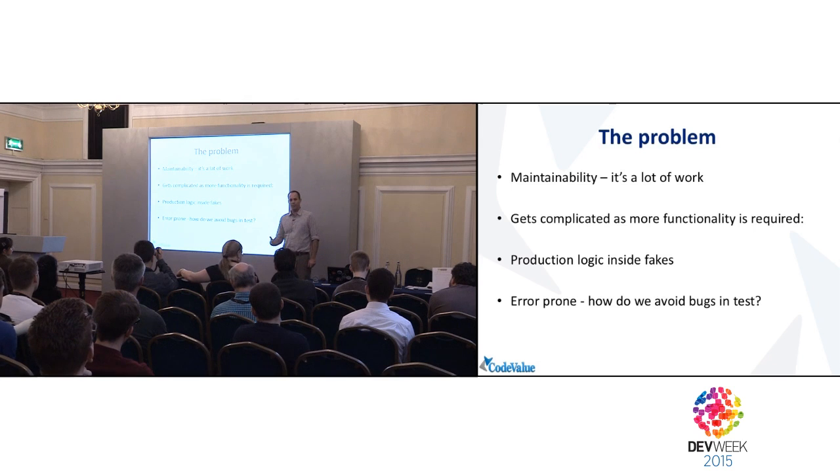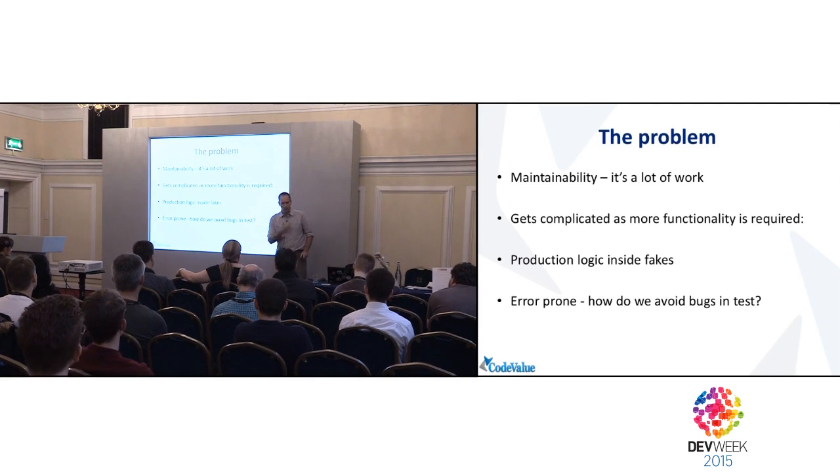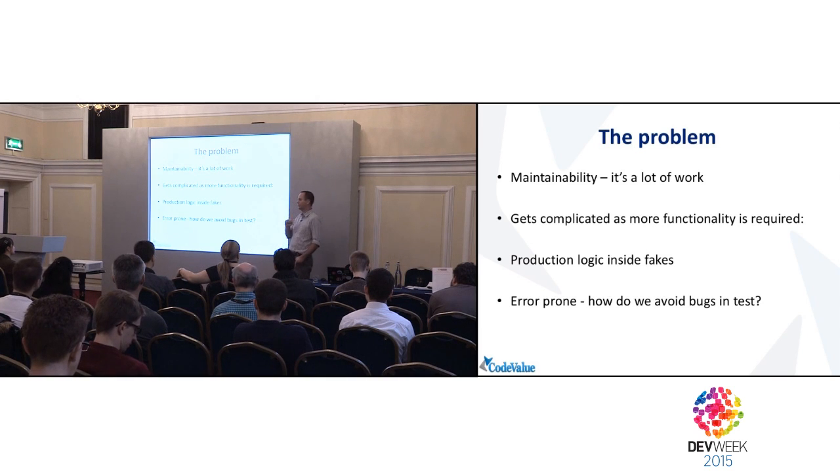Now, there is a big problem with creating additional code just for your test. The problem is you have to maintain it now. You have another class for each and every dependency you have. And you need to implement all the methods, even if they do absolutely nothing, or return null or whatever. And whenever you add another method or another behavior to that class, you need to run to your fake object and change it.